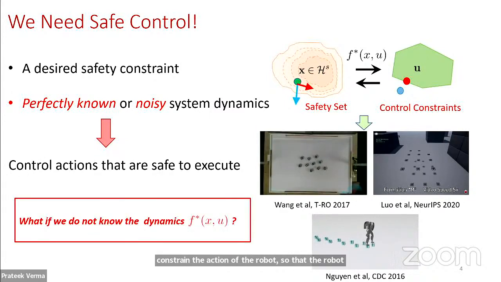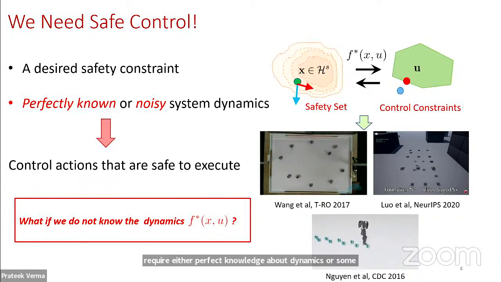But as we mentioned, in order to have a high quality of safety-critical control, we usually require either perfect knowledge about dynamics or some conservative estimate of the dynamics, which could be overly conservative if you want the robots to proceed with some task.